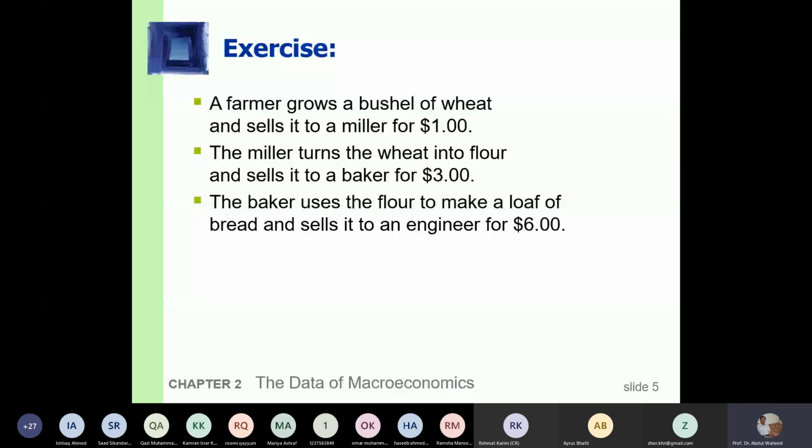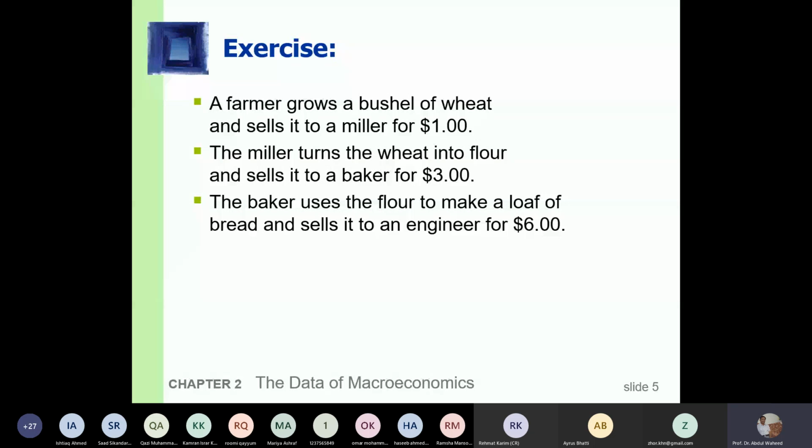Sometimes we also apply tax on the final good, or we can apply tax on value added. Do you know what that tax is? VAT, value added tax. So VAT is also applied.